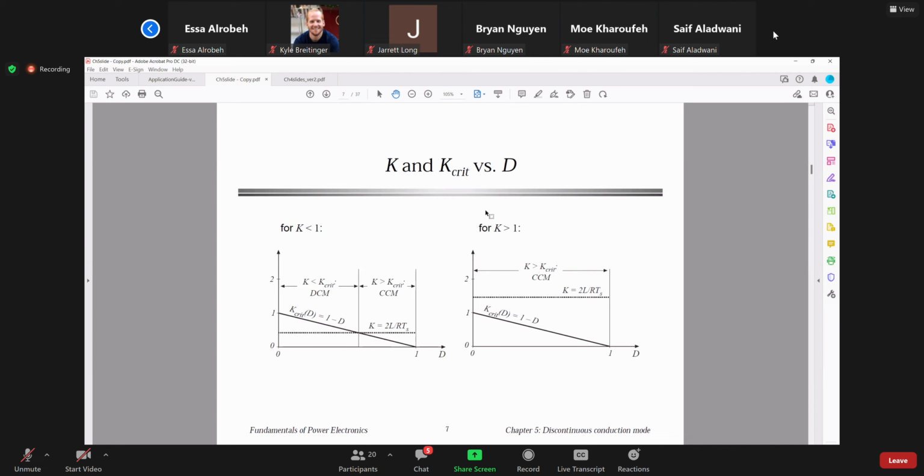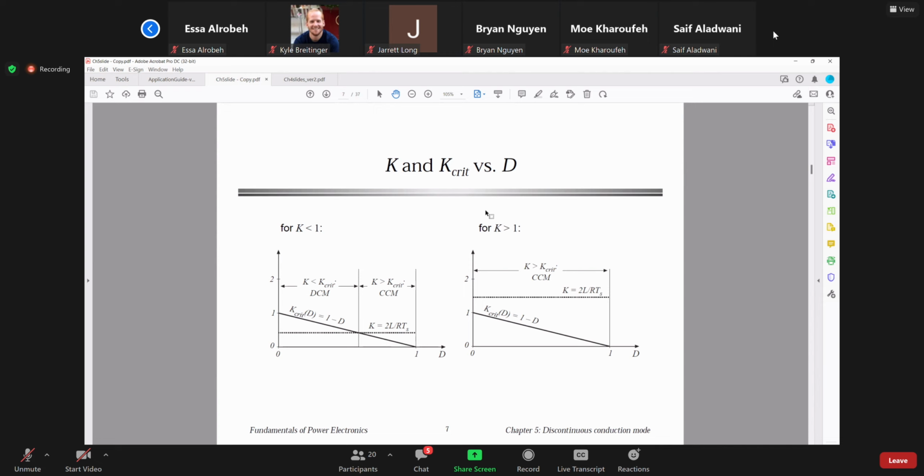Say L is 10 microhenries, R is 2 ohms, Ts is 10 microseconds, whatever. If it hits somewhere here, this is greater than this, so you are in DCM: K is smaller than K critical. More than that, you are in CCM.